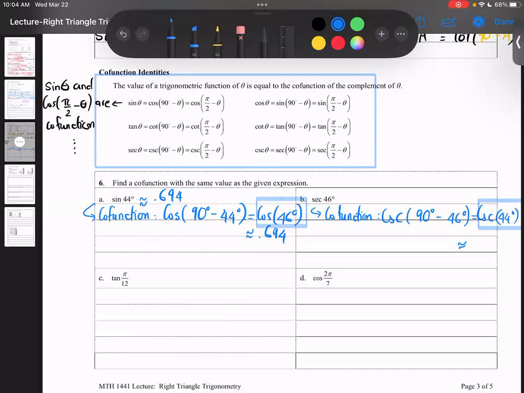Sine, right? So you can rewrite it as 1 over sine of 44. Then you plug in your calculator. You have sine in your calculator. What do you have? Very good.